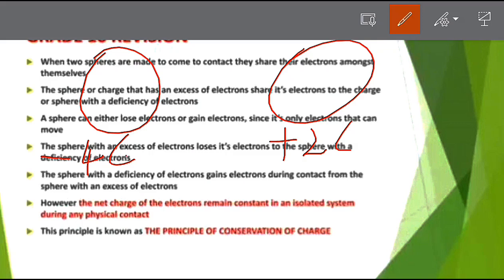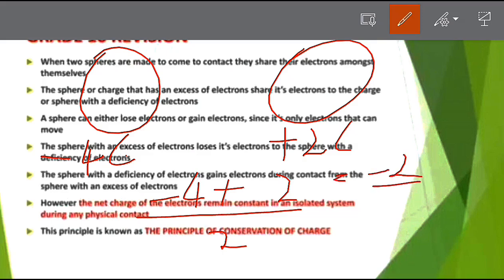You just add the charges of the two spheres, and then divide by 2, because we are comparing the charges of two spheres, right? So now we have -4 plus 2, that gives us -2, divided by 2, that will give us -1 coulomb, right?